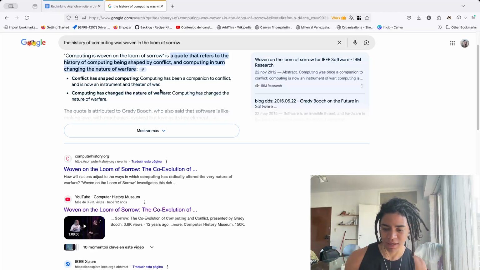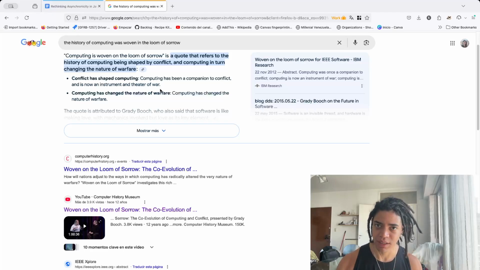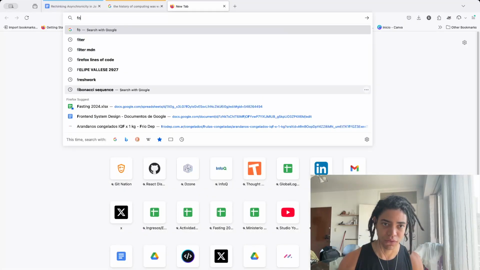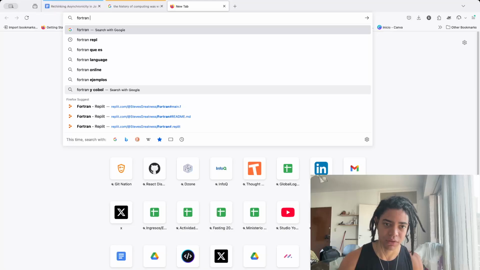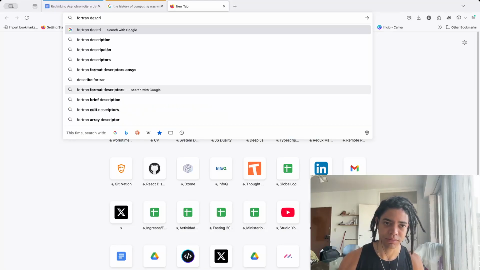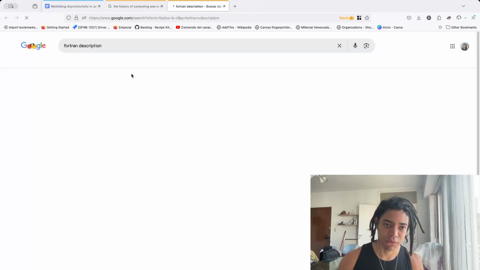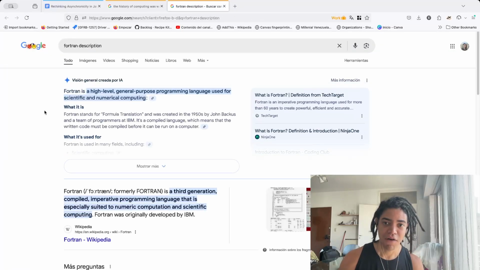But in the late 50s and 60s, we get languages like Fortran, which is quite interesting. Fortran is short for formula translation.